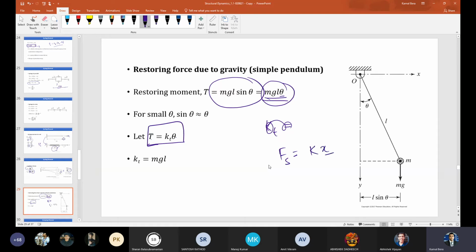Here theta is relative, theta minus 0 basically. So kt into theta. Instead of k, it is a rotational system, so I am calling it kt. You can easily compare and see that kt is mgL, which I can consider in this case as the rotational spring stiffness.